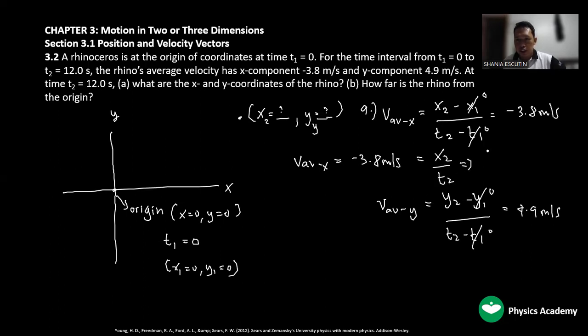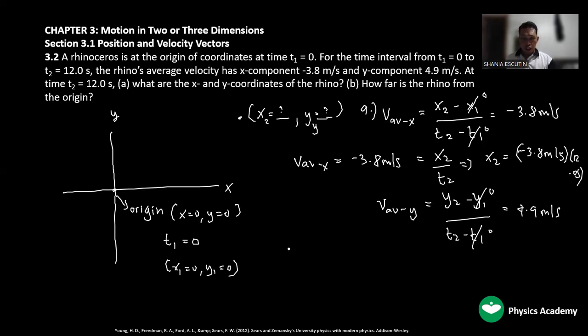It implies that x2 is equal to negative 3.8 meters per second multiplied by t2, which is 12.0 seconds.